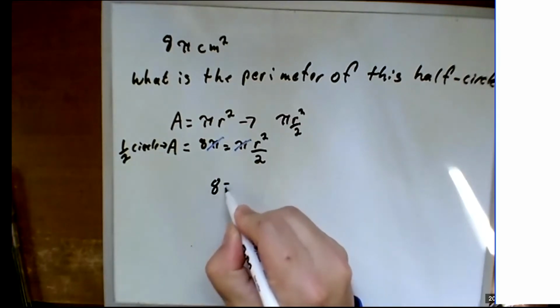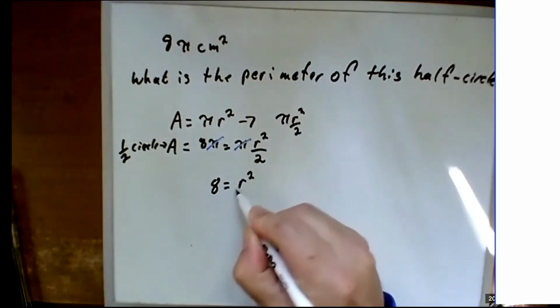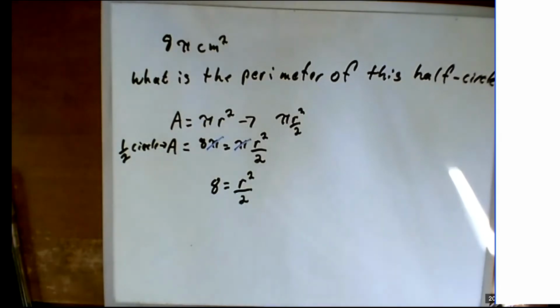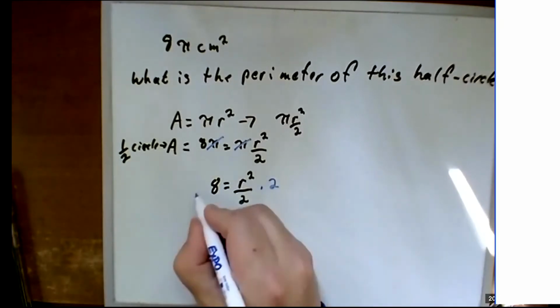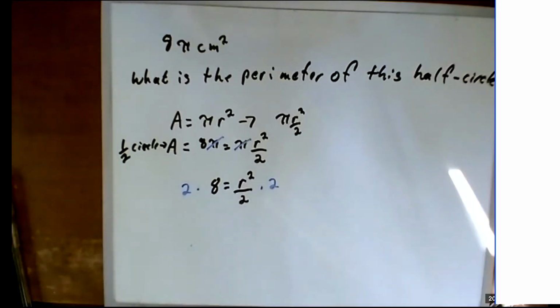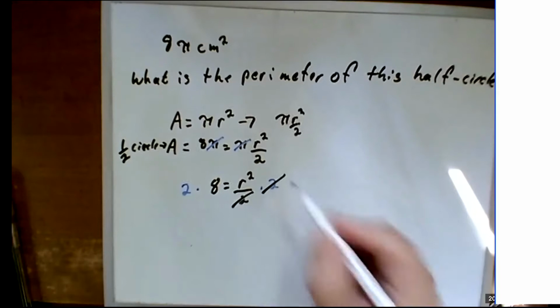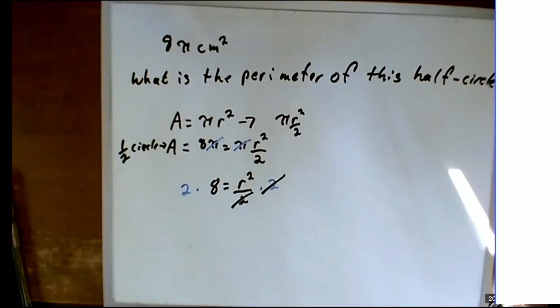So that tells me that r squared over 2 is equal to 8. I just want to find out what r is, so I'm going to multiply by 2 on both sides to get rid of that 2 on the bottom. And it goes away like that. 2 times 8 gets me 16.